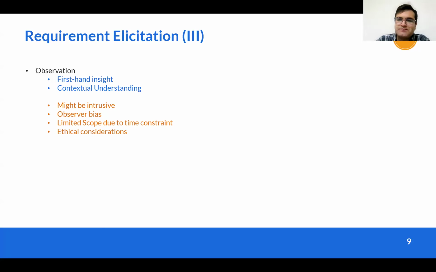Since we're doing ethics, is it ethical for you as a system developer to sit in a room where a doctor is meeting his patient? Okay, you're developing the system for the doctor when he'll be meeting patients. Okay, so this will give you a lot of valuable insight into how things work. But is it ethical for you to be there?